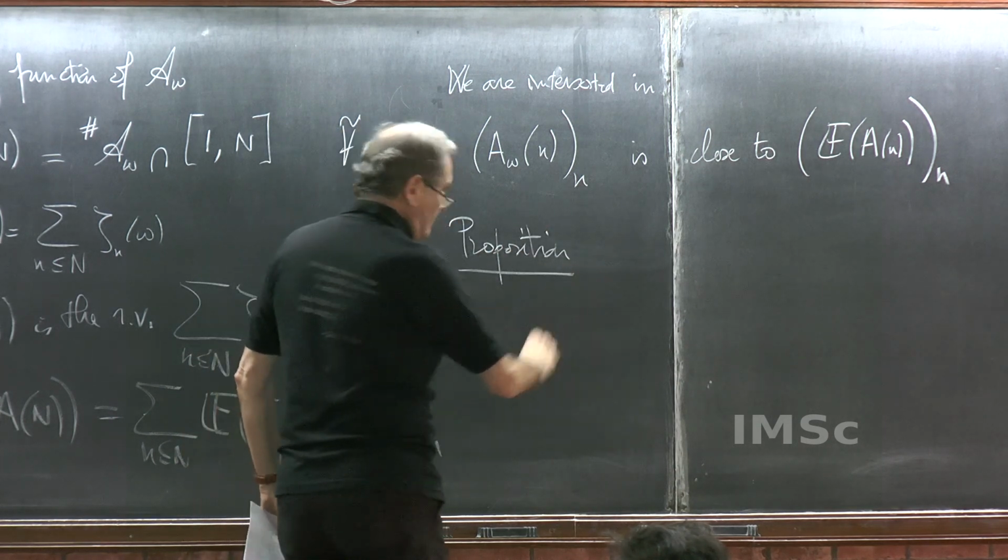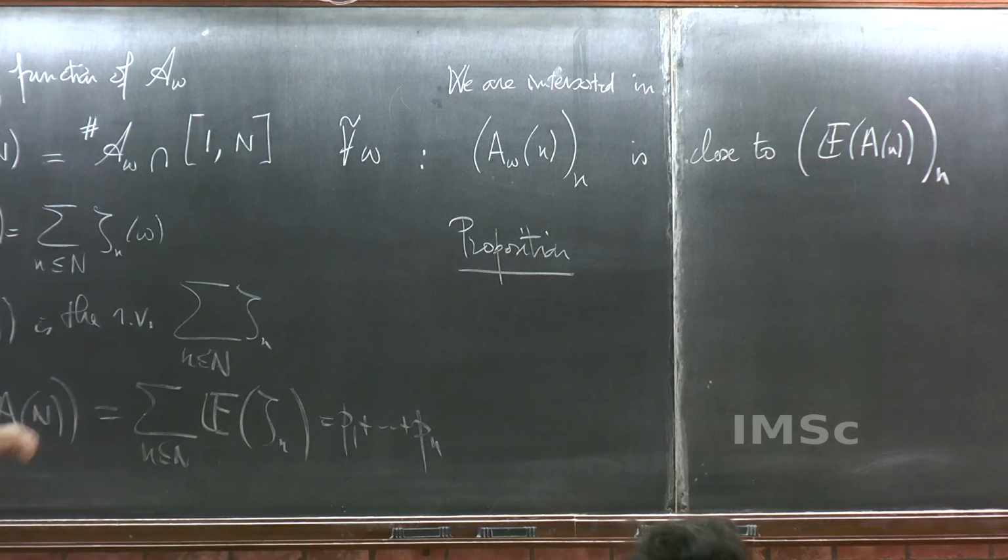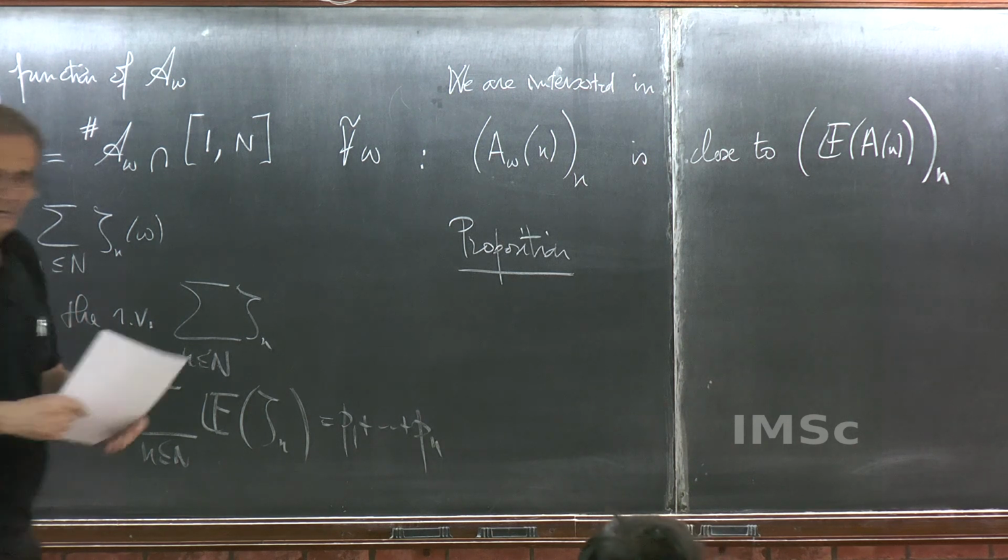By the way, Shanta, you asked about getting some references for that. If you really don't know much about probability, and you are more of a number theorist, I think a good point is to go to Halberstam and Roth, Sequences.